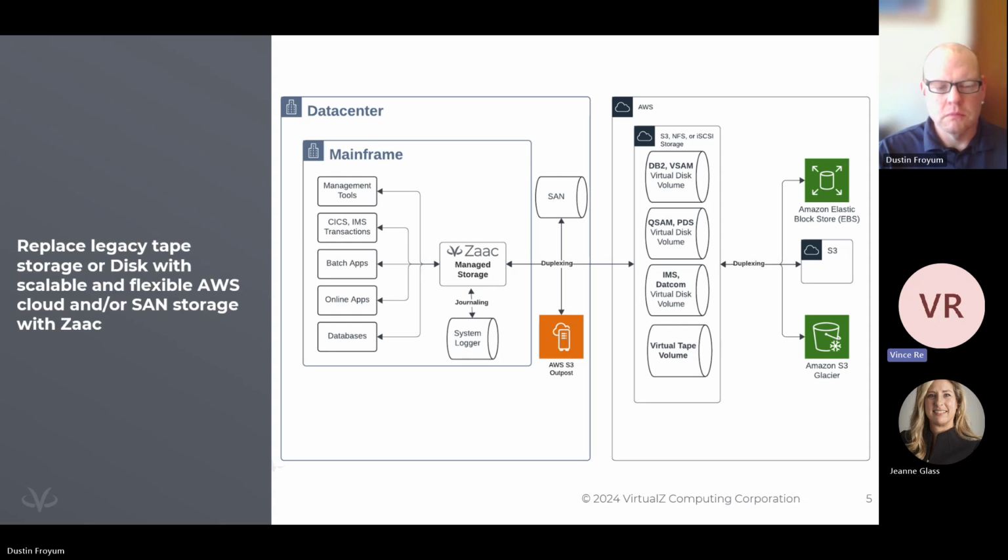Some of you may be familiar with the idea of journaling file systems. This is something you'll find on a lot of different platforms. The idea is that you separate the data from changes to the data. The changes to the data are the journal.